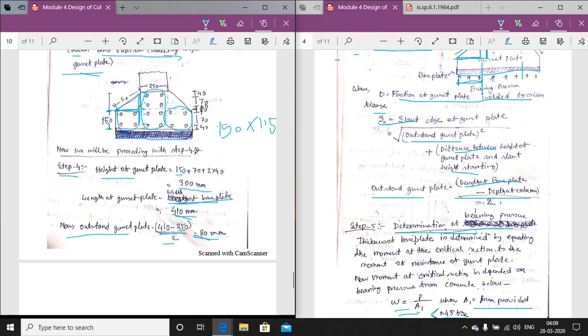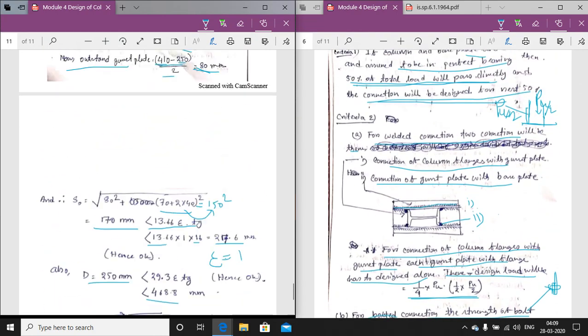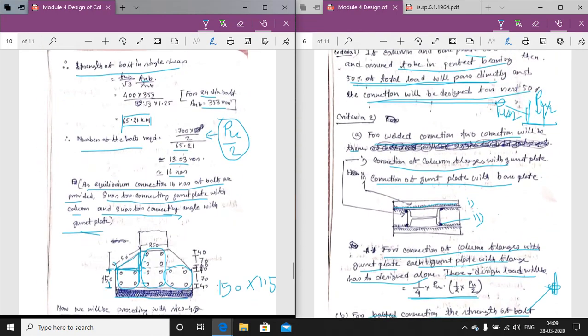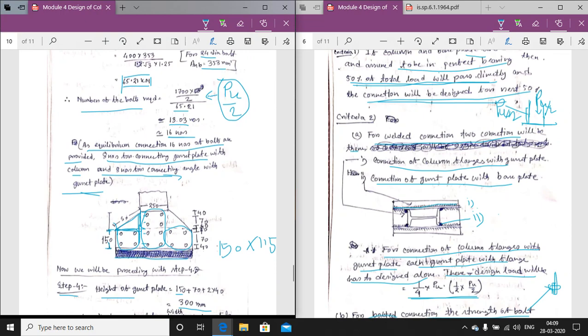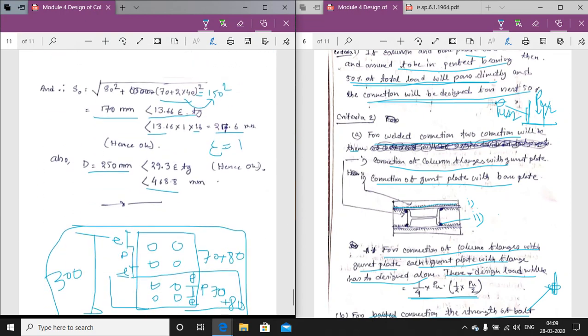So in step number 8, we determined that the number of bolts required is 16. Then we drew the connection. Then we determined step number 4, that is the slant height and the check for buckling. So this is the math for the column base, that is the gusset base.